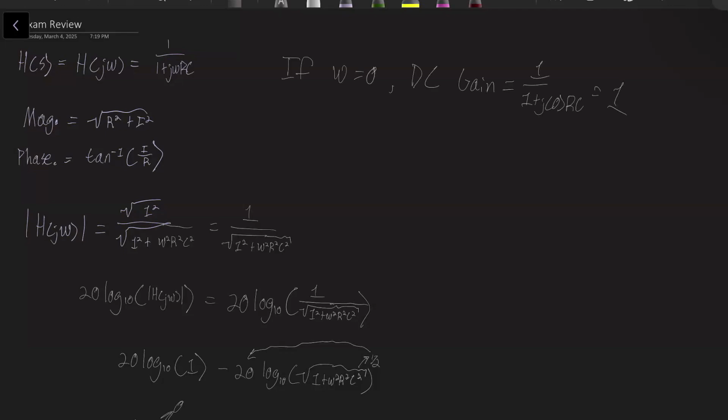And this is the point where your plot is going to start from, the magnitude of 1. What is 20 log 1 base 10? It is 0, right?